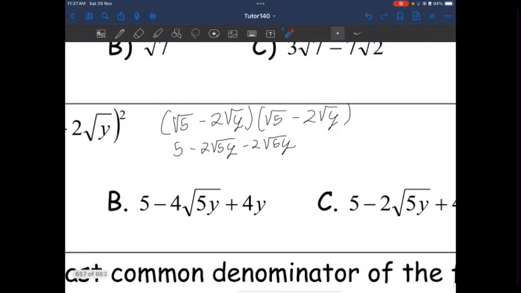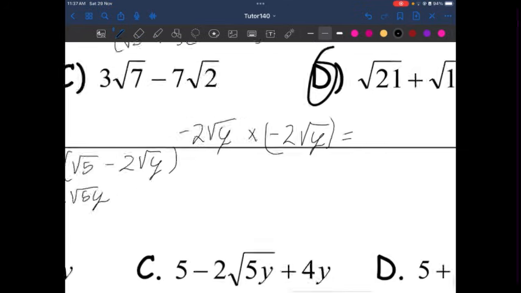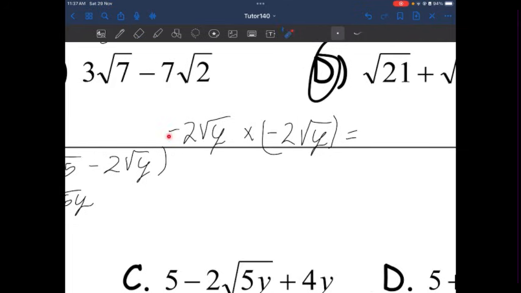Now when we multiply this minus 2 root y times minus 2 root y, multiply the numbers. Minus 2 times minus 2 is positive 4. And then root y times root y is just y itself.